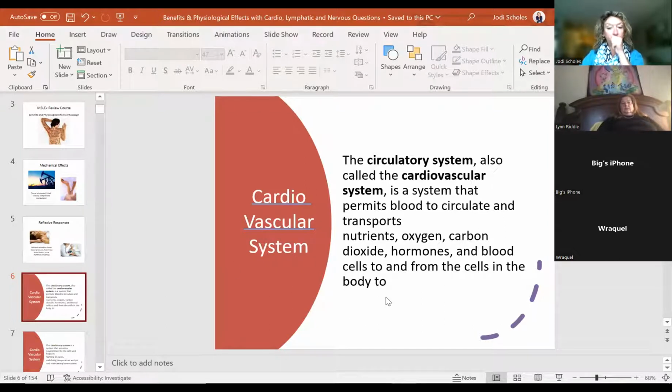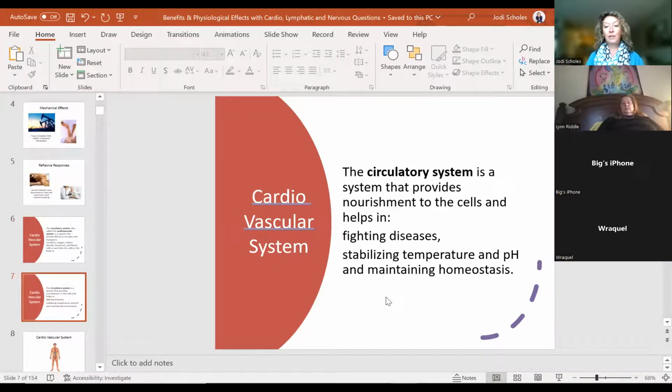The circulatory system also helps in fighting disease, because it helps to promote our immune system.